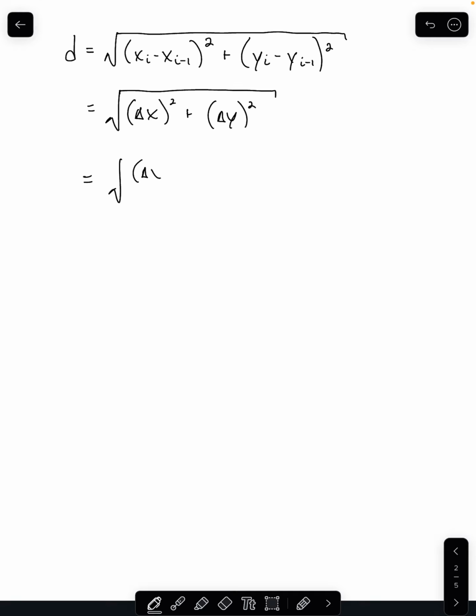And in a sense, what I'm essentially doing is factoring out a delta x squared. This turns the first fraction into a 1. The second fraction can be rewritten as delta y over delta x in parentheses, which is then squared.